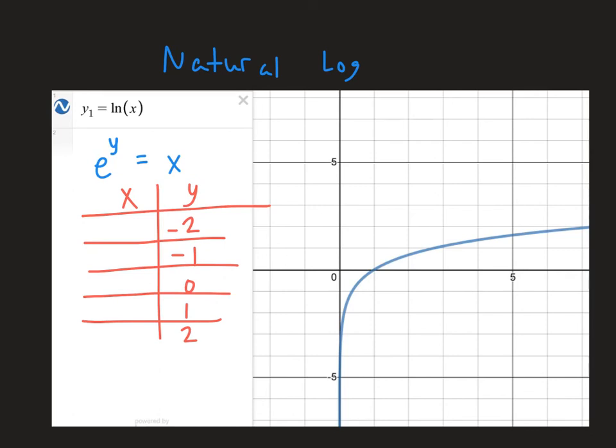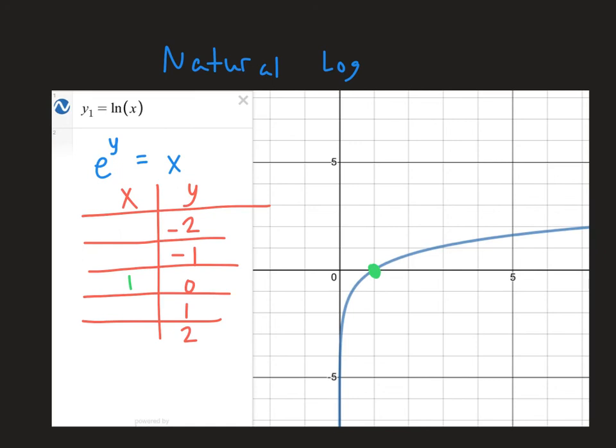When y is 0, we have e to the 0 power. Anything to the 0 power always equals 1. So this graph's key feature is it's going to go through (1, 0), unless it's getting shifted around. And then it continues.